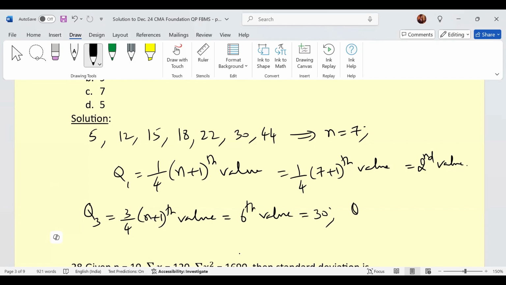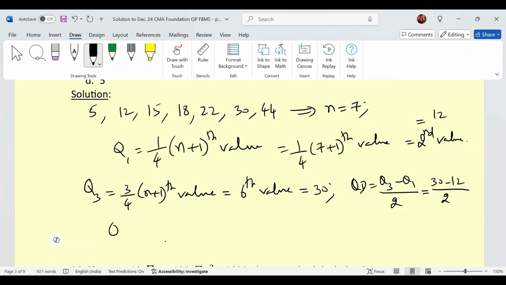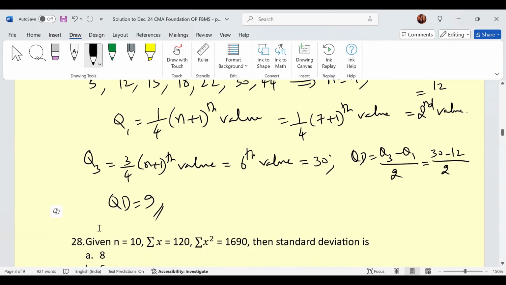So therefore QD, which is Q3 minus Q1 divided by 2, will be 30 minus the second value. The second value is 12. So 30 minus 12 divided by 2, which means our QD is 18/2, so it is 9. That will be the solution for this. We will continue in our next video with the balance questions.